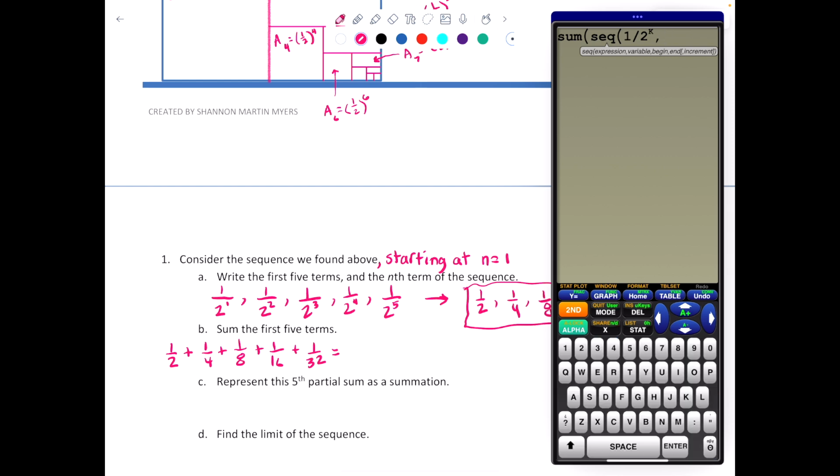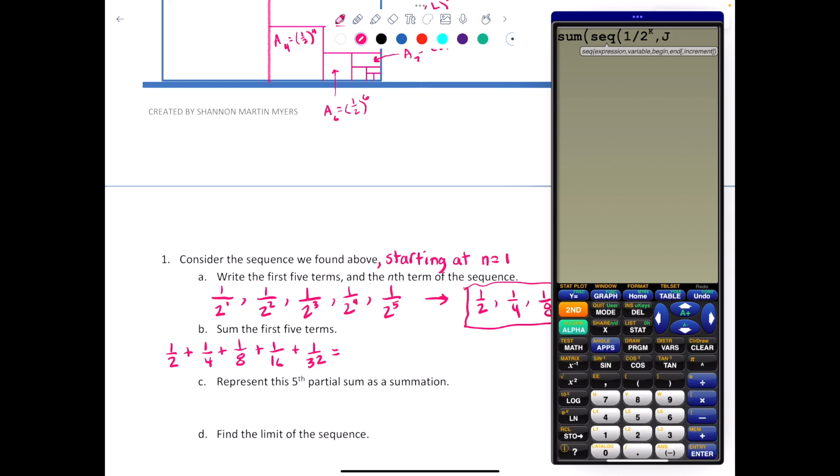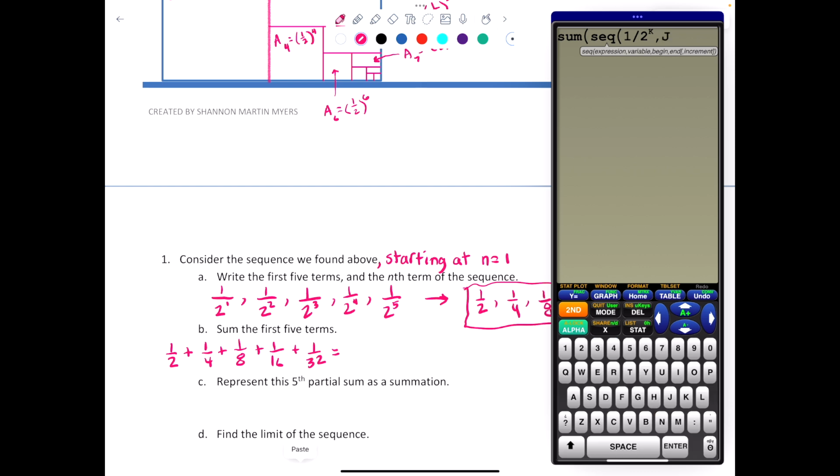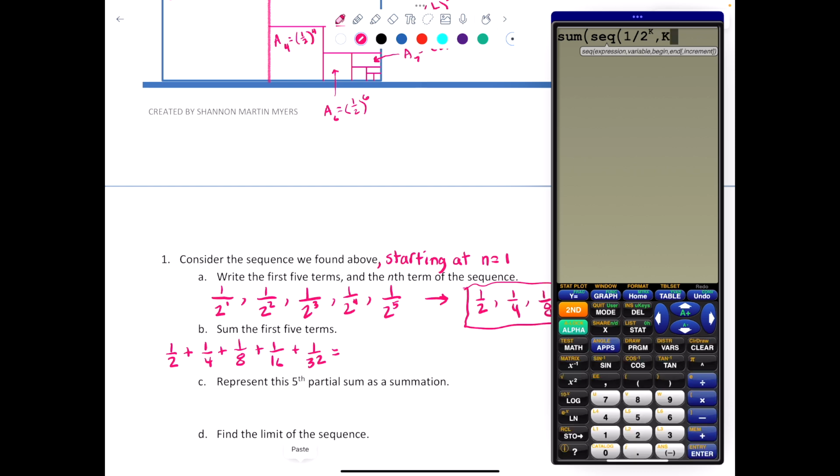And so we chose K. And then we're summing from K is 1 to K is 5. And then the change in K is just 1 because we're working with the positive integers here.